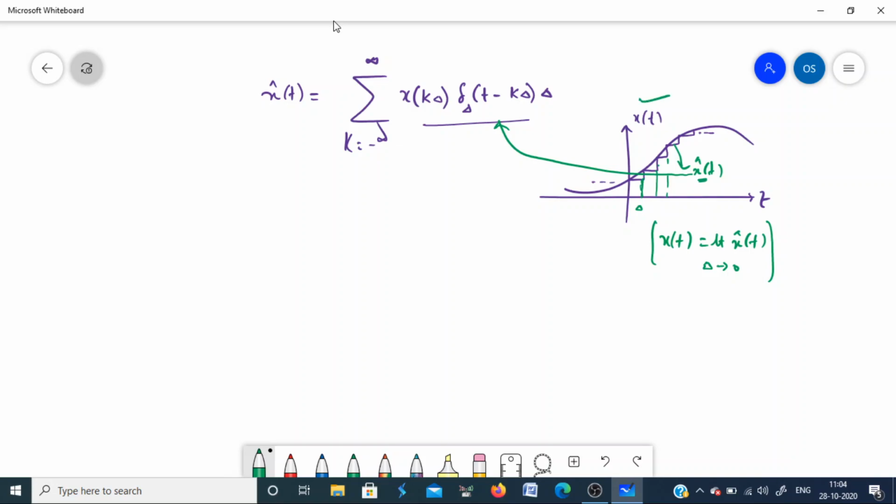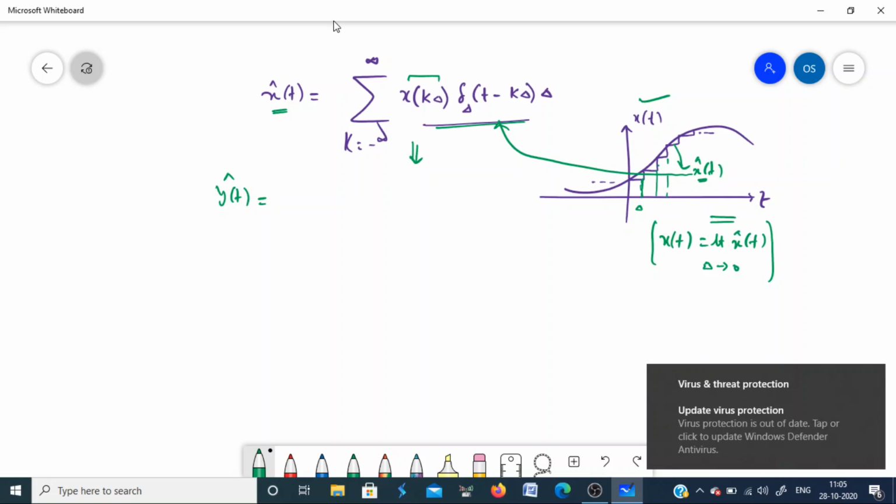Using this approximation, we first find the output of the system, which is not the actual output. This is also an approximation of the output, because the input is approximated, so your output is also approximated. If you take the limiting case when del approaches 0, you will get the actual output. Now what is the output due to this? Again, using the linearity and the time invariance property, you can say that x of k delta is nothing but a constant.